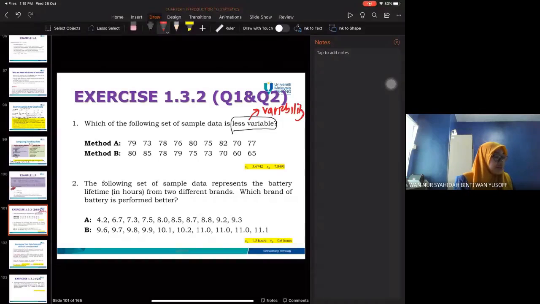It is because of the keyword here, less variable. We need to know which of the sample data here is less variable. So to know that, the only value that we can calculate is the variability.